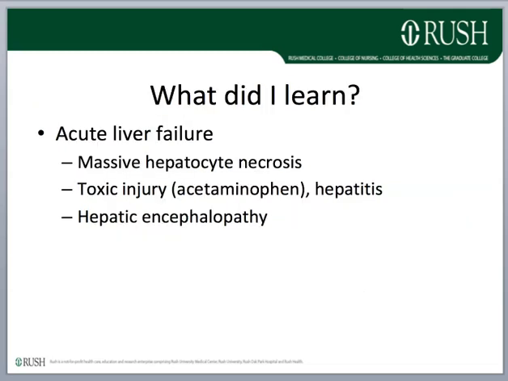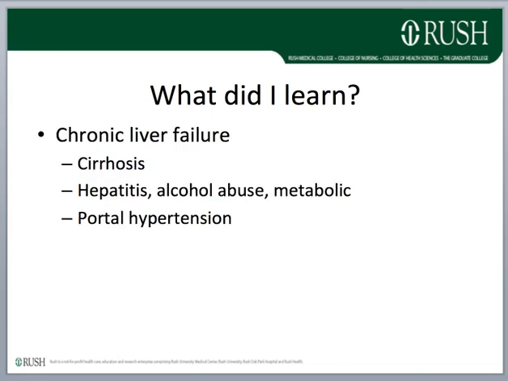So what did I learn? Acute liver failure, usually seen with massive hepatocyte necrosis, typically due to toxic injury, most commonly acetaminophen ingestion, but also other forms of hepatitis. And the most common or most important complication is hepatic encephalopathy.